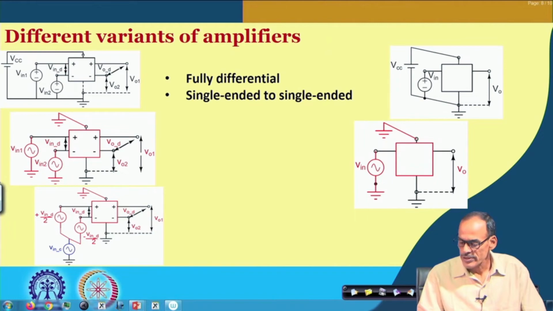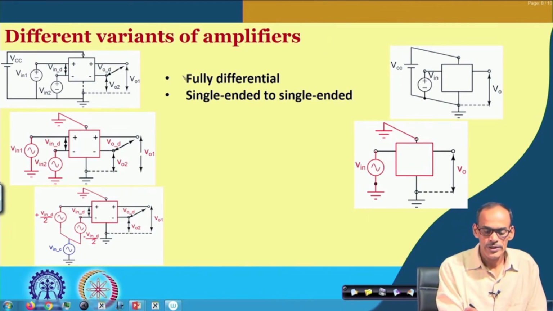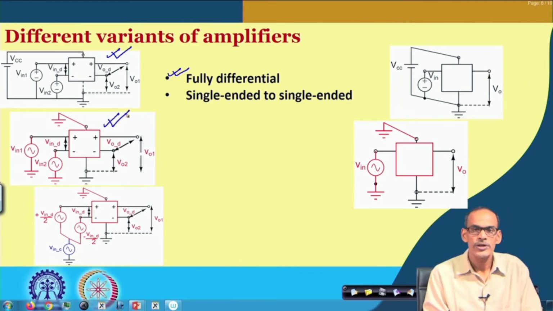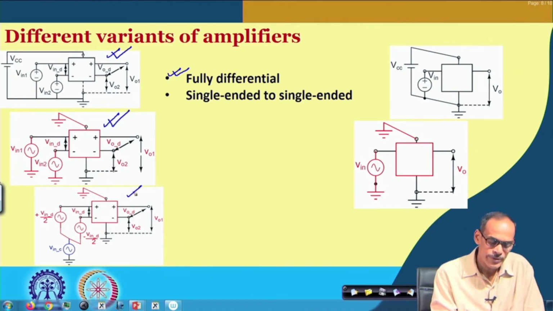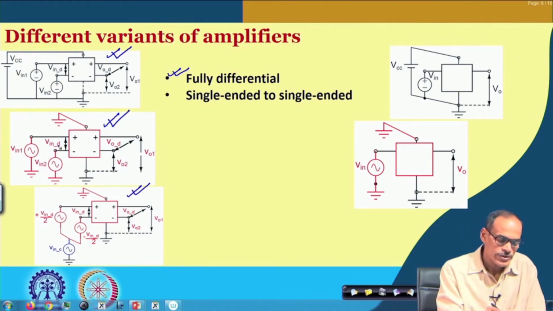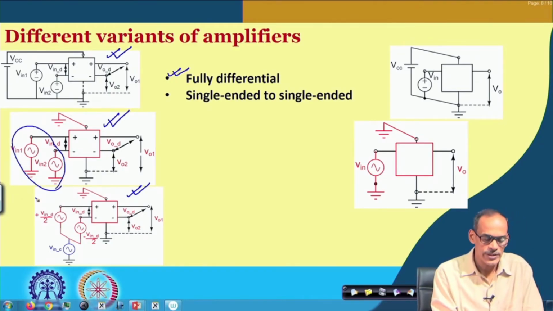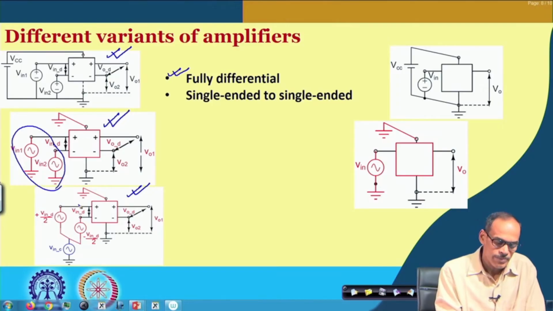So, we already have discussed the fully differential amplifier. Here is the circuit or block diagram of that, here we have the corresponding linearized model, and here we have a different way of representing its input signal, namely in terms of the common mode part and the differential part.